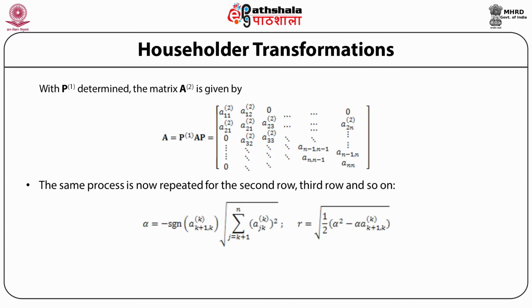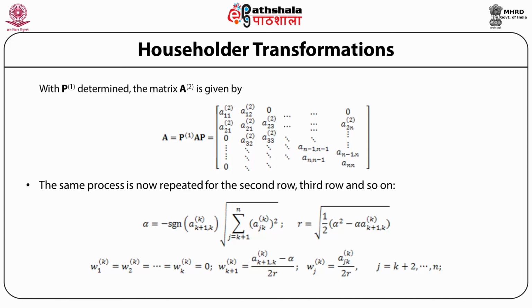So alpha equals minus sgn a k plus 1 k raised to power k into under root of summation j equals k plus 1 to n ajk raised to power k whole square, r equals under root of half alpha square minus alpha into a k plus 1 k raised to power k, w1 raised to power k equals w2 raised to power k and so on up to wk raised to power k equals 0.